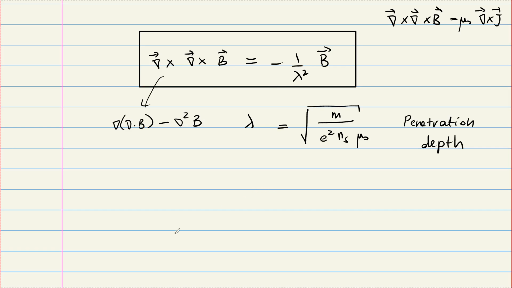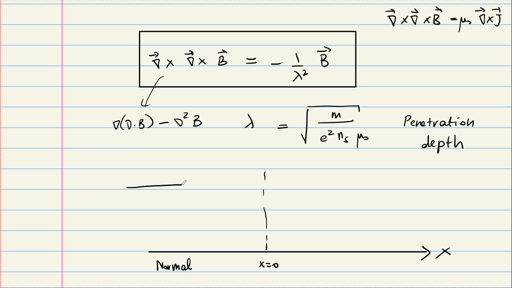Say this is x, and here this is x equal to 0. I can have normal metal here, with B equal to constant.